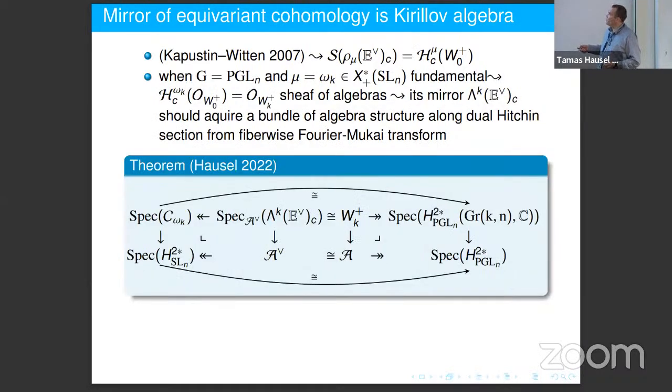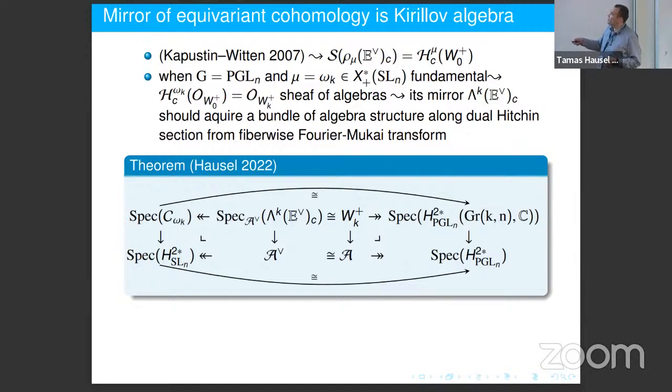And here is the final diagram where the two parts are put together. So on the right-hand side, you see this modeling of the Hitchin system by the spectrum of equivariant cohomology on one side. And on the other side, you see this bundle of algebra structure, which we believe is the one which should come from mirror symmetry on the other side and in this picture.